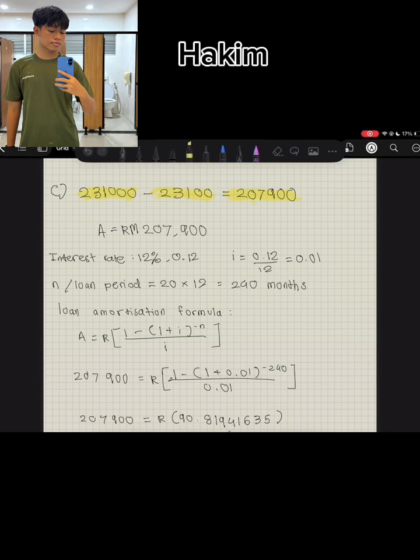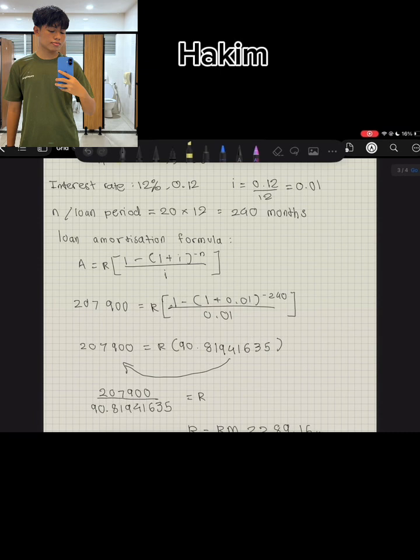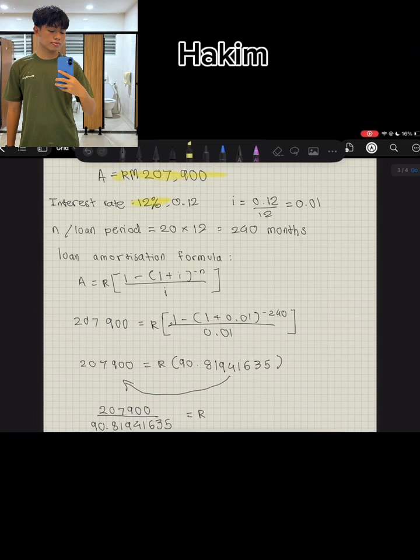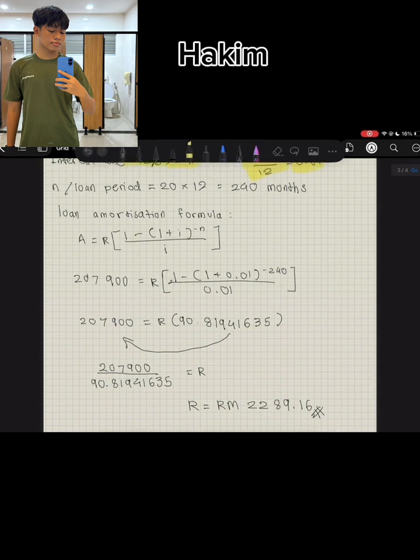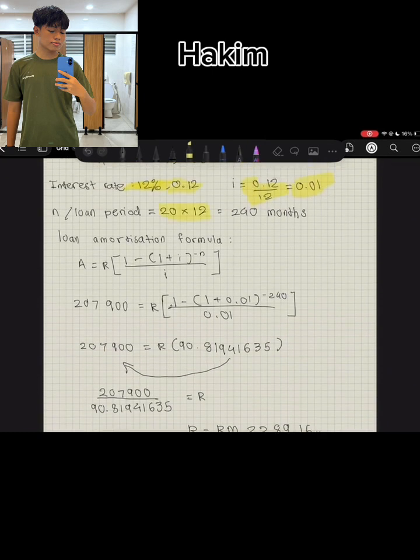Next, let's list down our variables. The interest rate is 12%, which is 0.12, compounded monthly. So our monthly interest rate i is 0.12 divided by 12, which gives 0.01. The total number of monthly payments over a 20-year period is 20 times 12, which is 240 months.